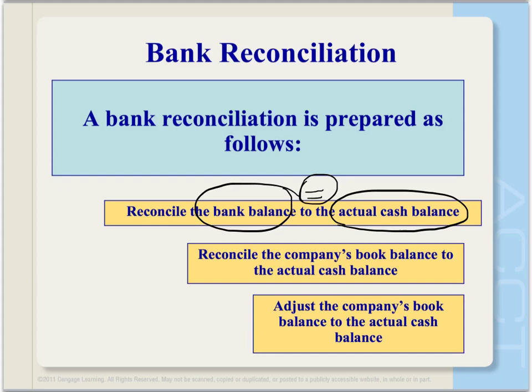The second one is reconcile the company's book balance to the actual cash balance. Then adjust the company's book balance to the actual cash balance. So what we'll do here is we'll need to prepare some journal entries of all the activities we found that will need to be added to our actual cash balance in the books.